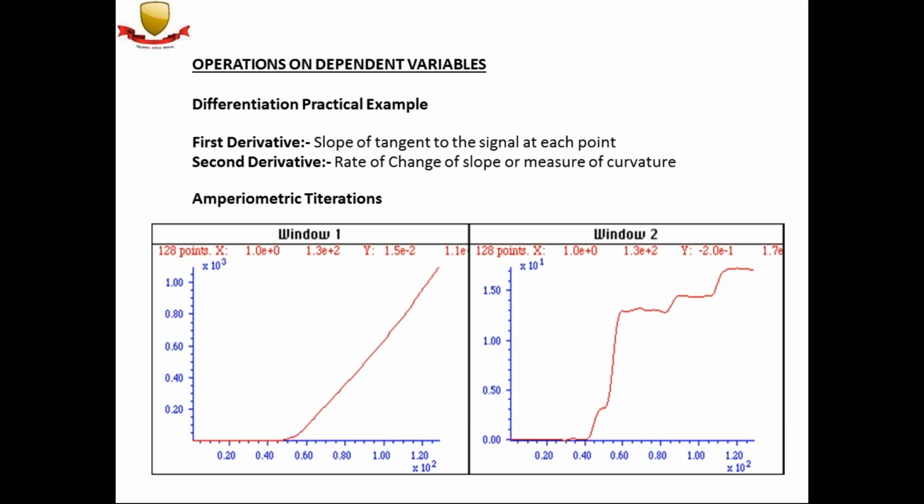Note that in this example, the steps in the derivative signal are not completely flat, indicating that the line segments in the original signal were not perfectly straight. This is most likely due to random noise in the original signal.